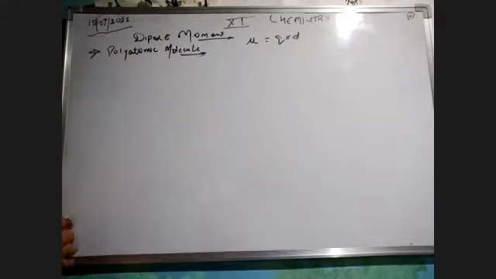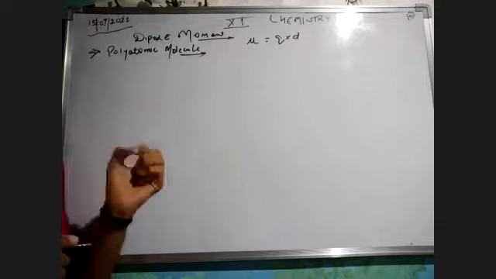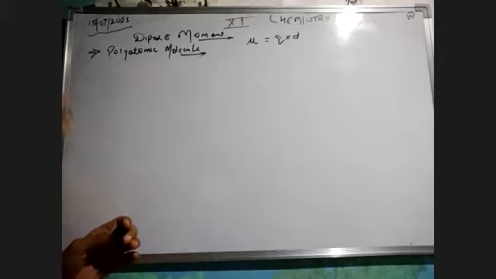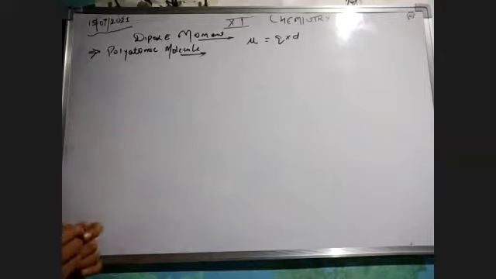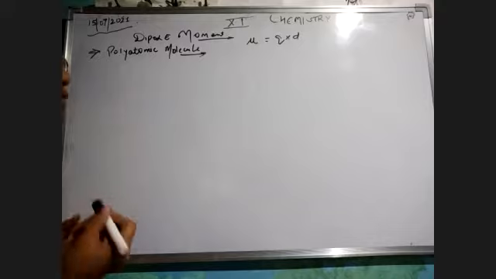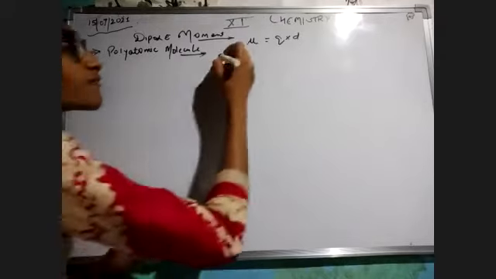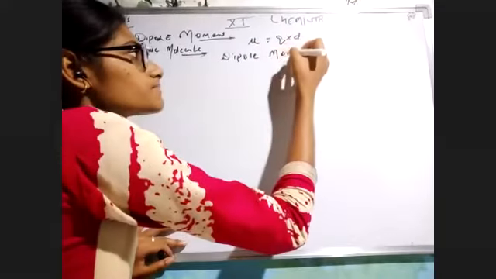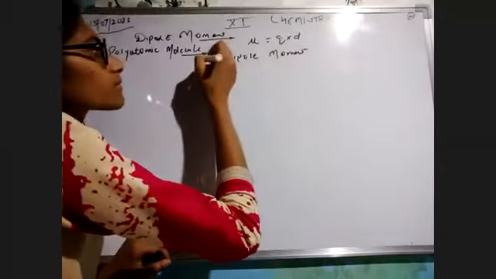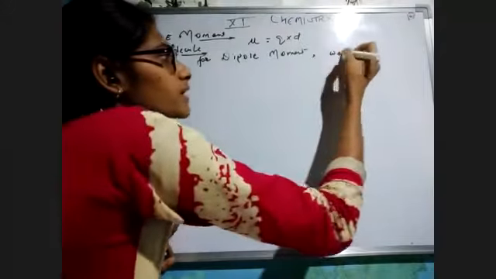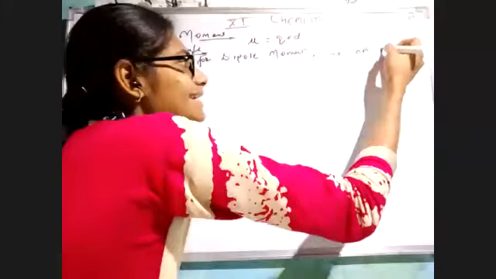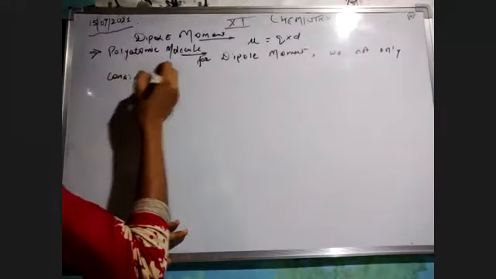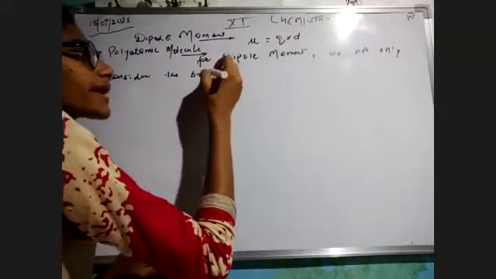Let's begin this. Polyatomic, as the name suggests, means there are more than two atoms present in a particular molecule. Now in a polyatomic molecule, whenever we want to calculate the dipole moment, what actually happens over here? We not only consider the bond dipole.